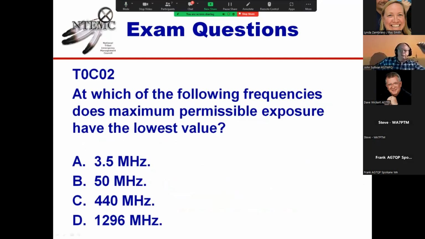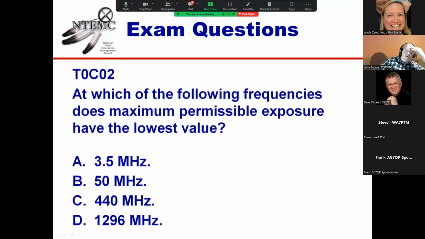At which of the following frequencies does maximum permissible exposure have the lowest value? Another way of thinking about this is, at what frequency are you most concerned about exposure, where you're most susceptible? So you've got 3.5 megahertz, which would be your 80 meter band. You've got 50 megahertz, your 6 meter.